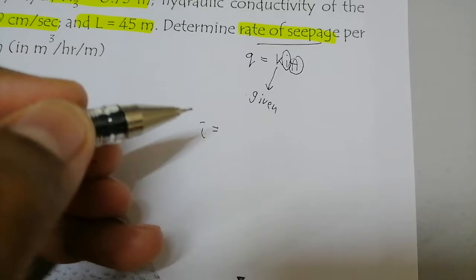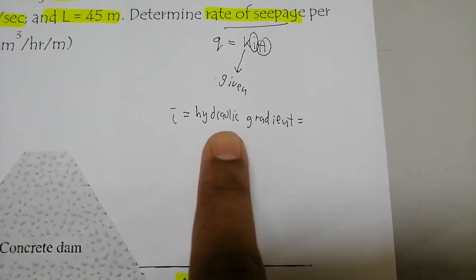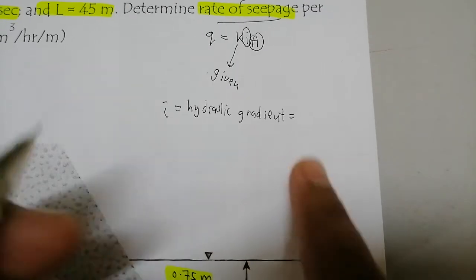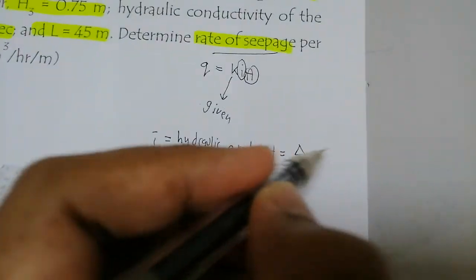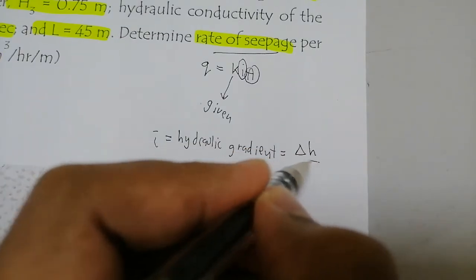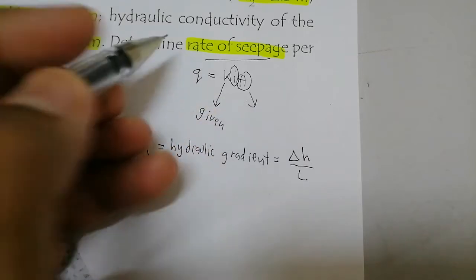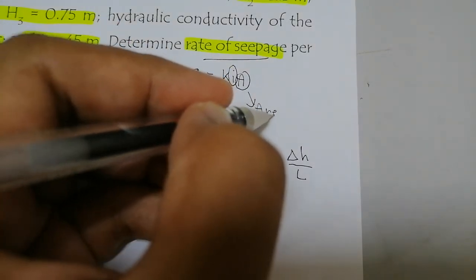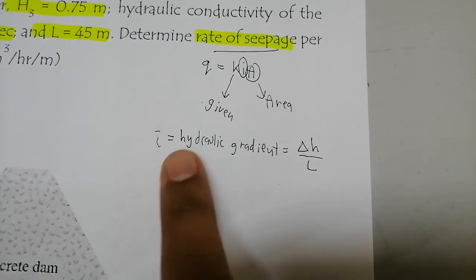I is the hydraulic gradient, and it is equal to delta H over L, can you see? And then we know that A is the area. Okay, first, let's find the hydraulic gradient.